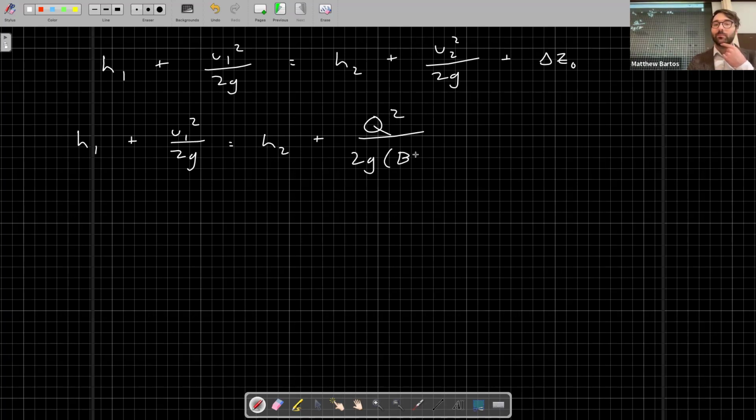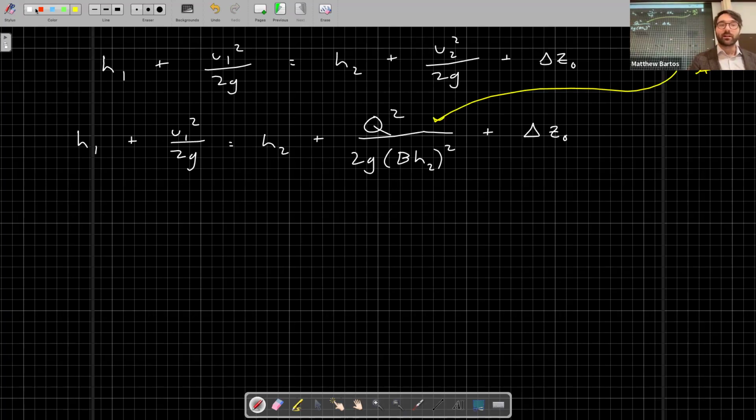Cross-sectional area will be bottom width times H2 all squared. And to this, we're going to add delta Z naught. So note that what I've done is I've taken U squared is equal to Q squared over A squared. So that's where this is coming from.